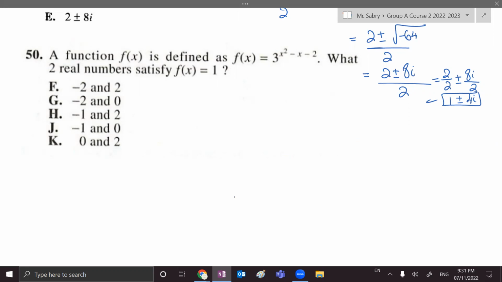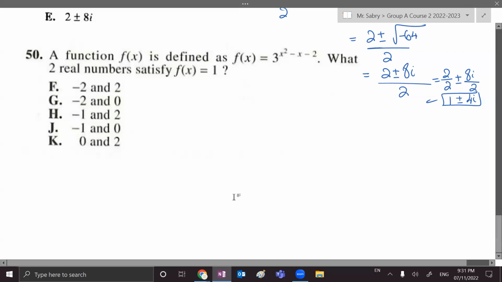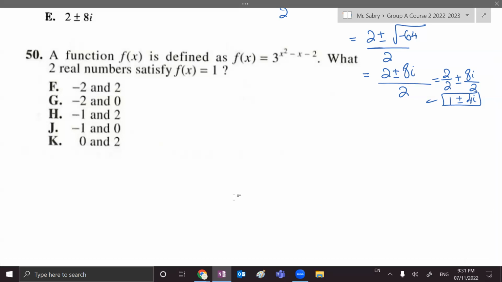This is a hard level question, so I hope you actually give it your best shot.